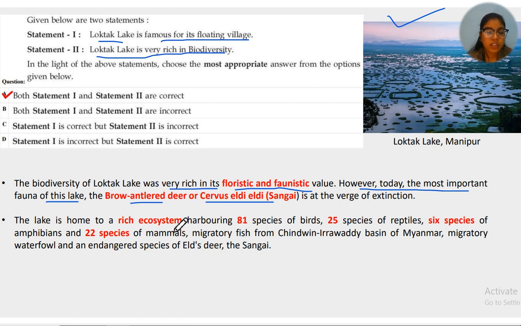It is very rich in biodiversity because it has a very rich ecosystem, occupying 81 species of birds, 25 species of reptiles, 6 species of amphibians, and 22 species of mammals. So in this sense we can say yes, it has a rich diversity and also it has a floating village. So statement 1 and statement 2 both are correct.